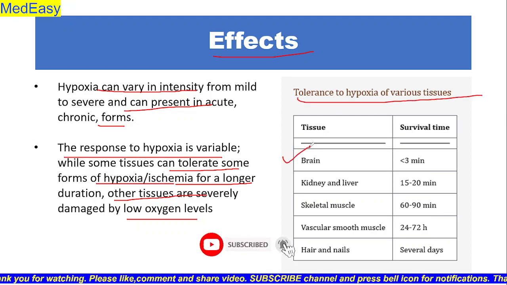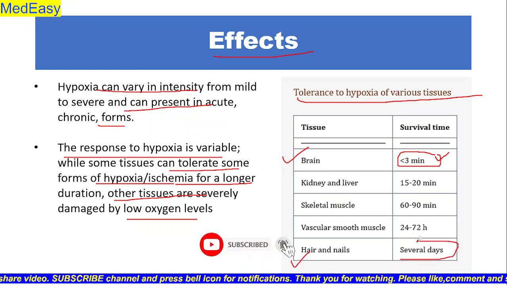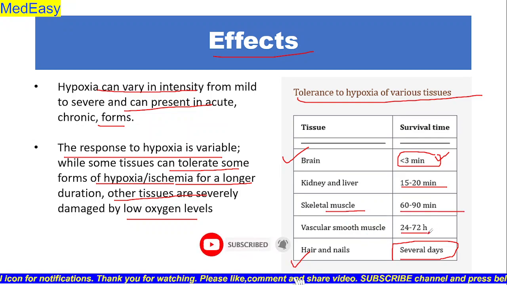The brain, the central nervous system, is very sensitive to hypoxia, and the survival time is less than 3 minutes. However, hair and nails can survive for several days. Kidney and liver can survive 15 to 20 minutes, skeletal muscles 60 to 90 minutes, vascular muscles 24 to 72 hours. So, what does it mean? The tolerance to hypoxia is very low, and survival time is less than 3 minutes in the case of the brain.